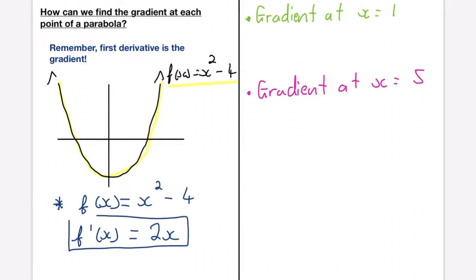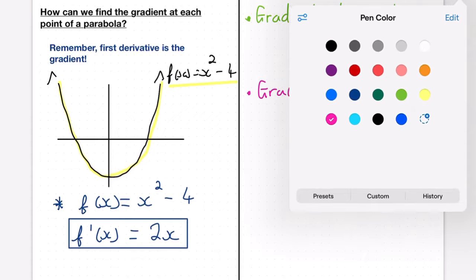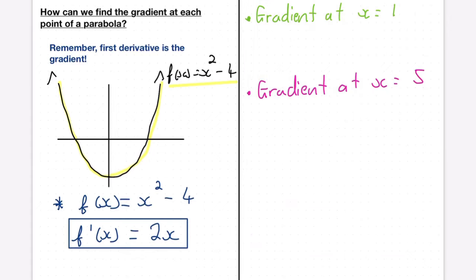This f prime of x of 2x is the equation that represents the gradient of this graph at different x values. So whatever x value you plug into that, you will get what the gradient is at that x value. For example, if you are asked for the gradient at x is equal to 1, you would say, well, the gradient at x is equal to 1 is equal to 2 times 1.